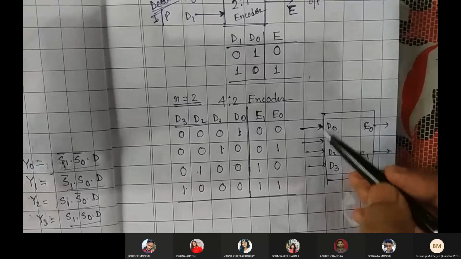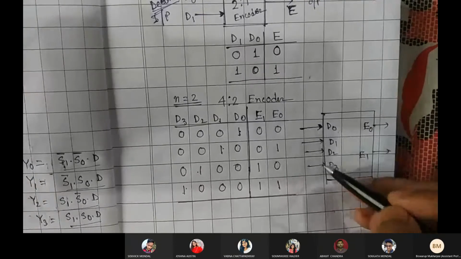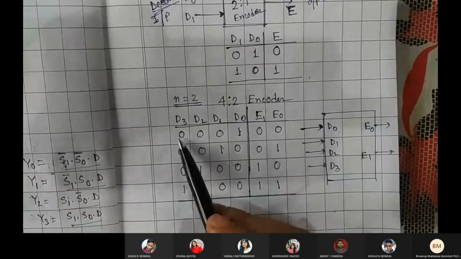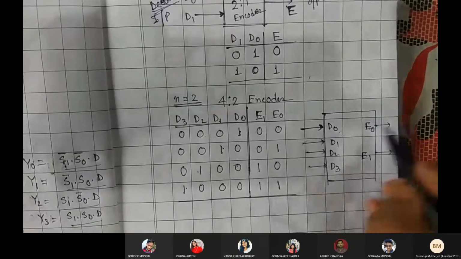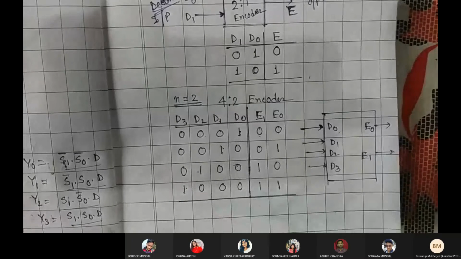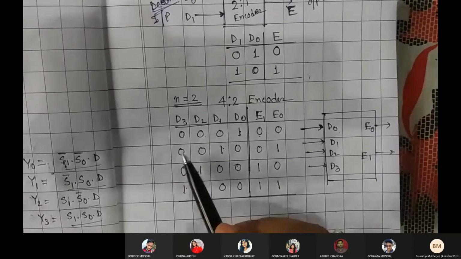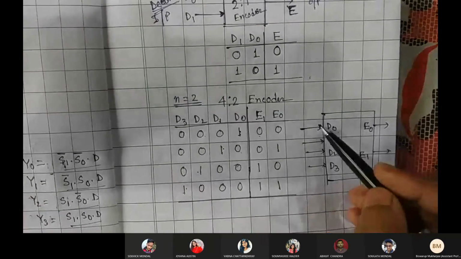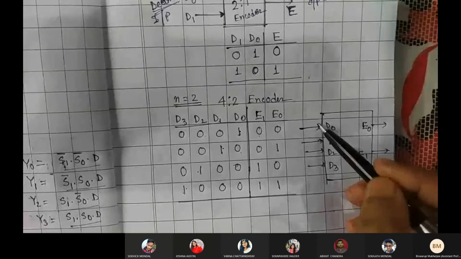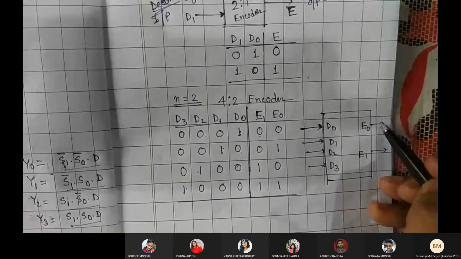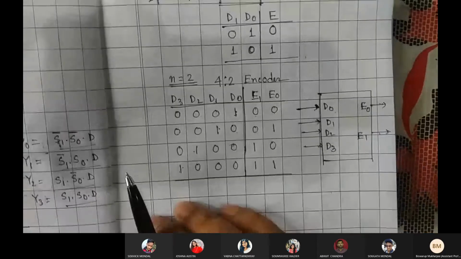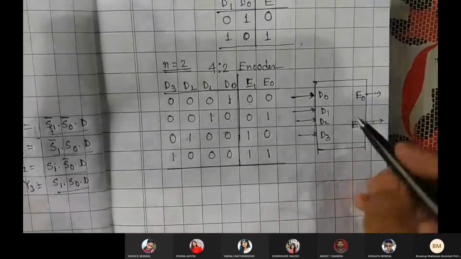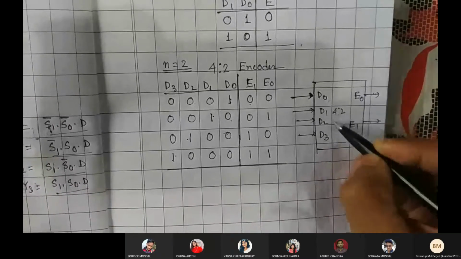For 0, inputs are 0, 0, 0, 1. What would be the output? Output would be 0, 0. If 1, then inputs are 0, 0, 1, 0, so the output would be 0, 1, right? And so on. So that is your 4:2 encoder.